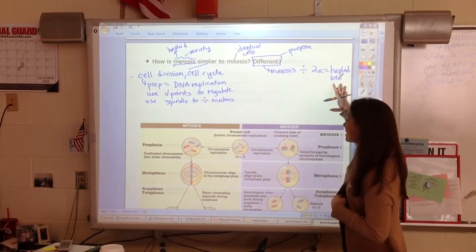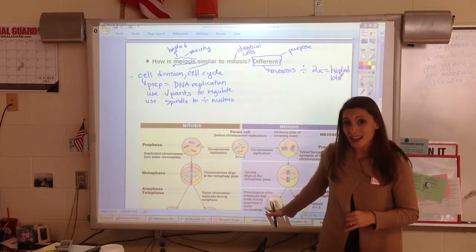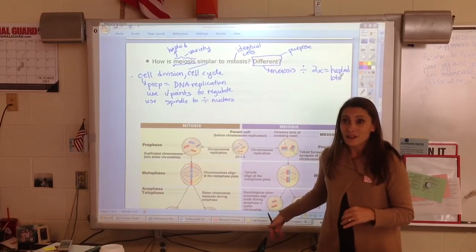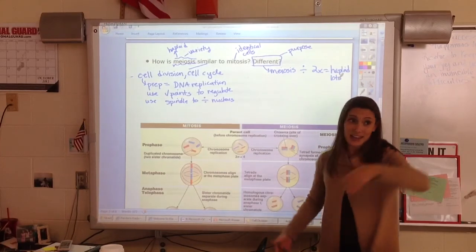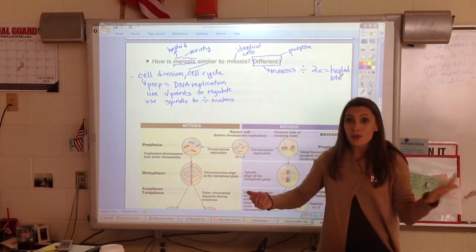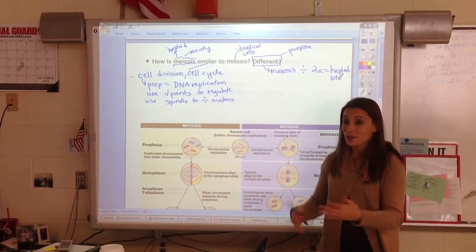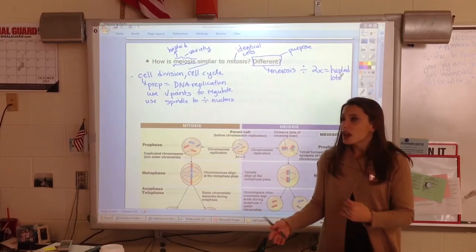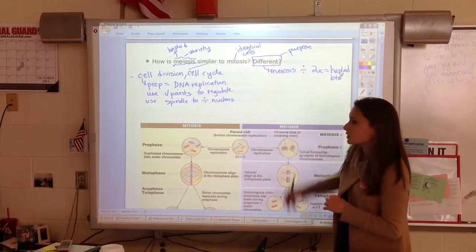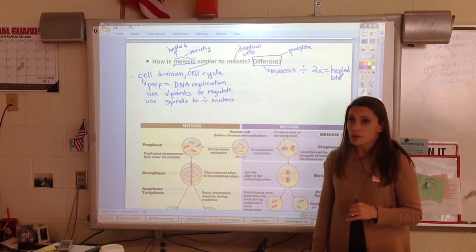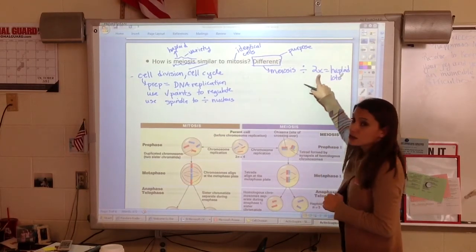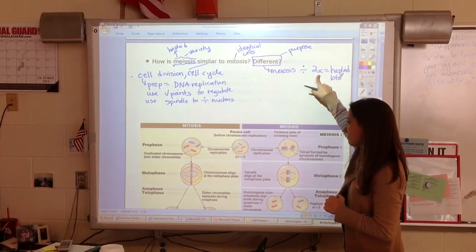So for some organisms, the reason they need lots of eggs and lots of sperm is that the females will deposit the eggs and leave and hope that a male happens upon them and leaves his sperm. And so one of the reasons is we need lots of them. So we're actually going to divide twice.